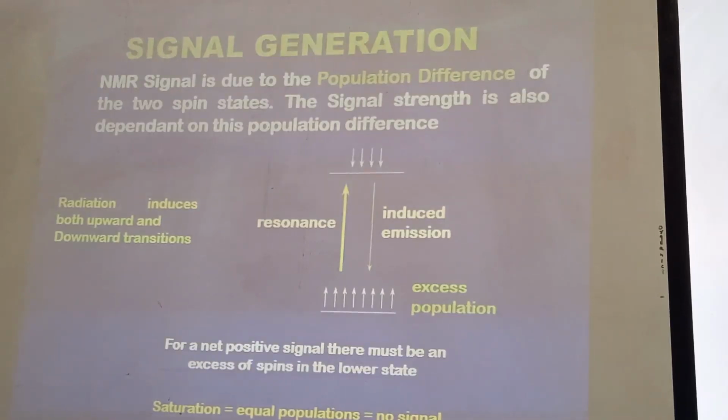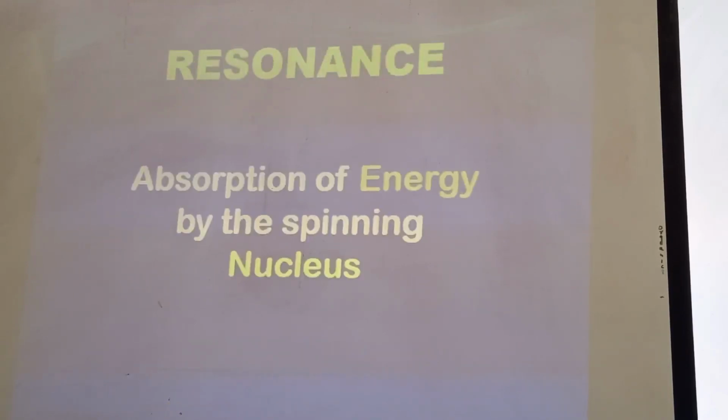So for a net signal, you must have a slight excess of nuclei in the alpha state. Now coming back to the question asked by you, that if all these nuclei absorb the same frequency, then why are we performing NMR? Or what is the importance of NMR? How does it help us in differentiating between all these nuclei? So that is what we will discuss now.